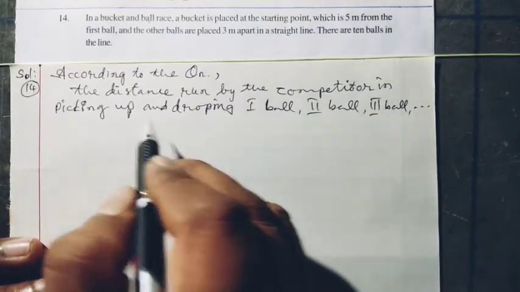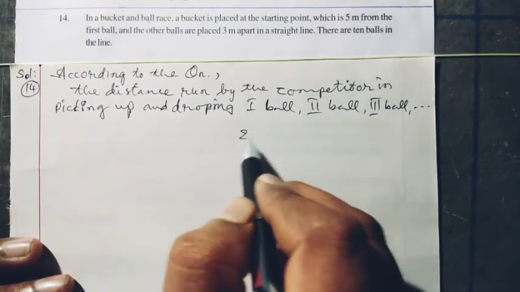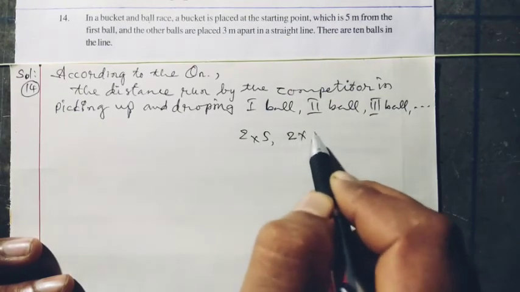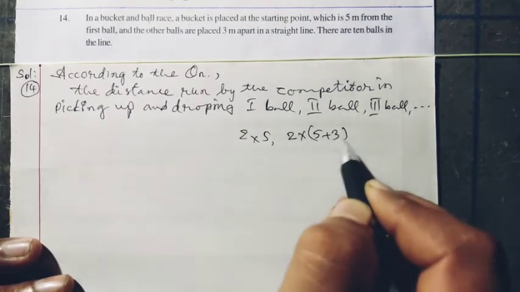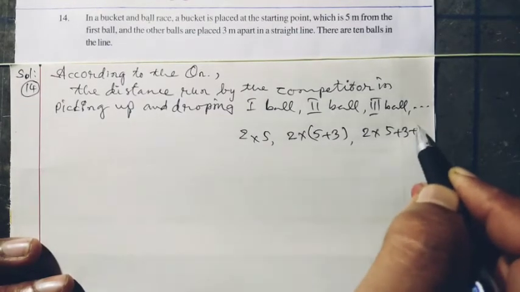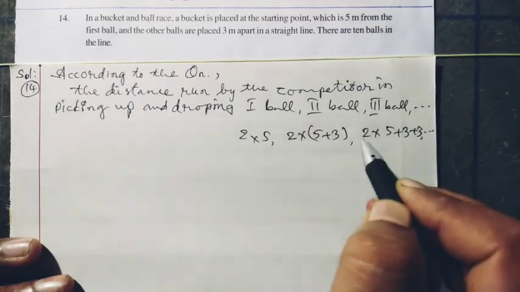So according to the question, we can write first ball 2 into 5, 2 into 5 plus 3, 2 into 5 plus 3 plus 3, and so on.